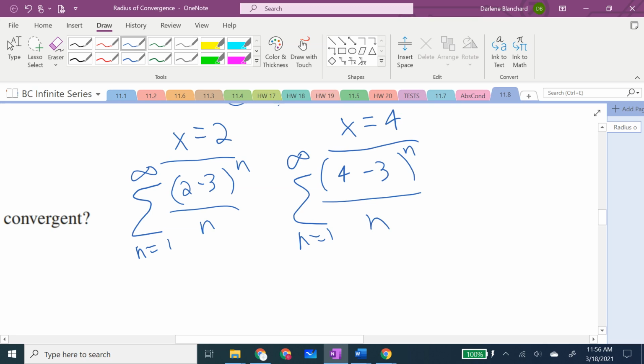Understand that if you are in a free response situation and they ask you for interval of convergence, it might be worth an entire 5 of the 9 free response points, which is an extremely big deal. Know that you have to state, this is the x I'm plugging in.